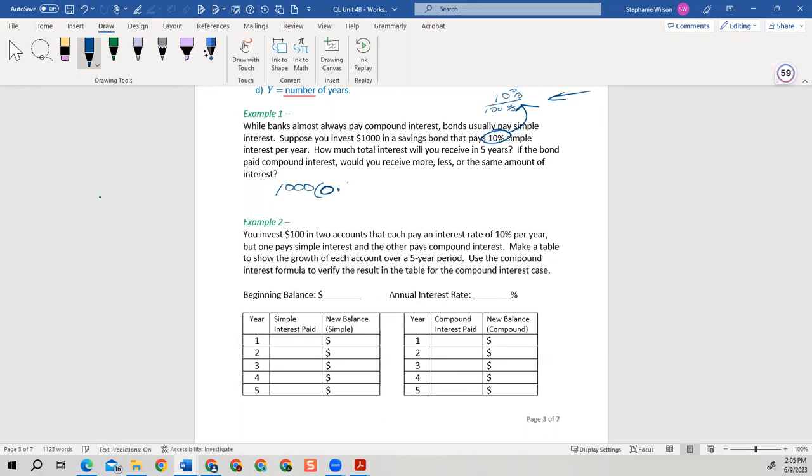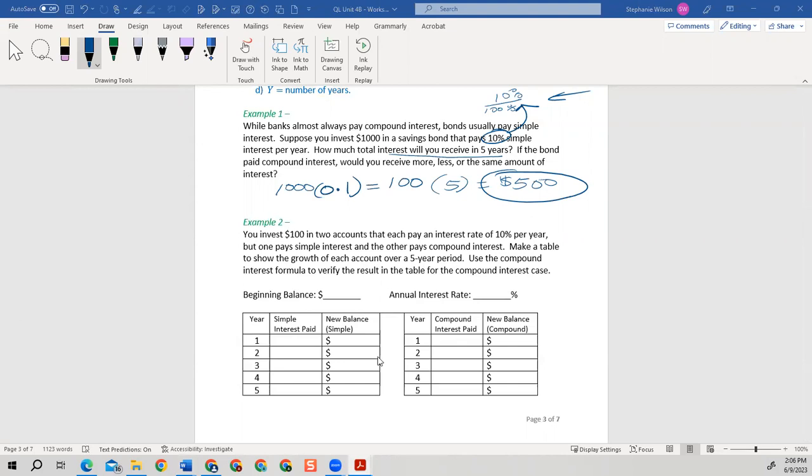And when I do that, now I get this. And when I multiply 1,000 by 0.1, it gives me 100. And then we said, how much will it be in 5 years? I'm going to take that 100 and multiply it by 5, and I get $500. All right, that's my answer.